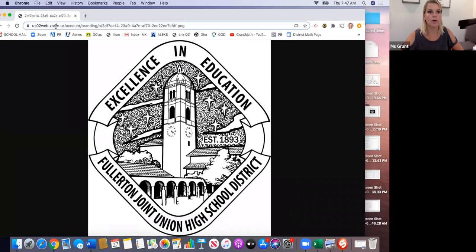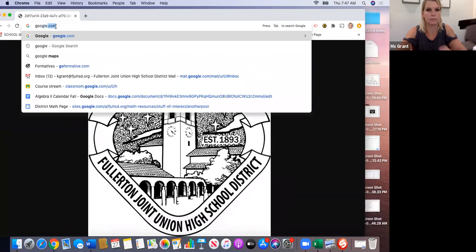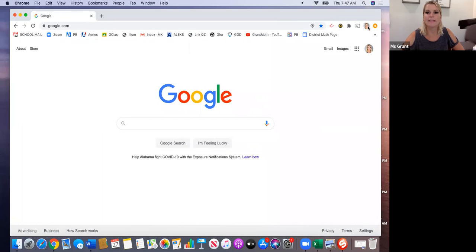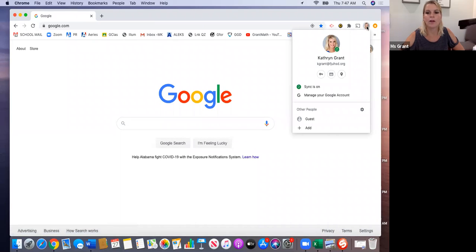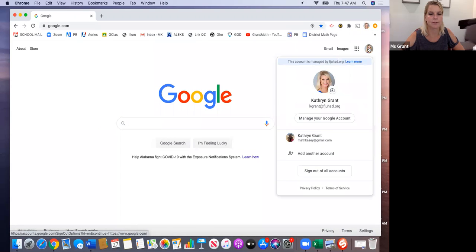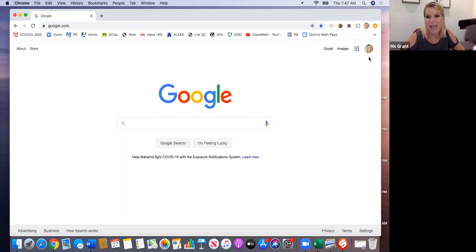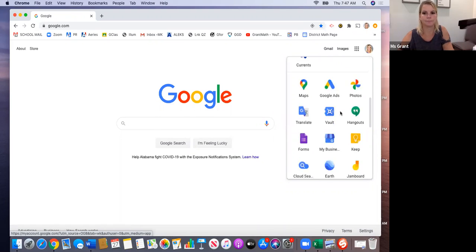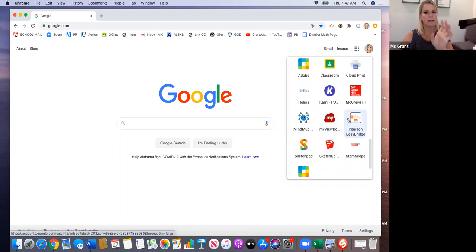You're gonna go to your home screen. You're going to always make sure that what you're logged in on here matches what you're logged in on here, right? So those two have to be matching. Then you're going to go to your 9 squares and scroll all the way down to Pearson. It's the same as your English book, so this is really easy. Pearson Easy Bridge, so you're going to click that.